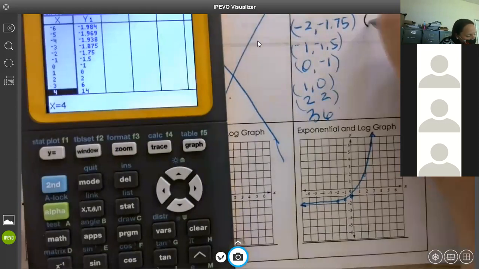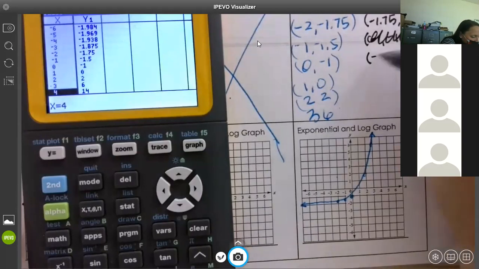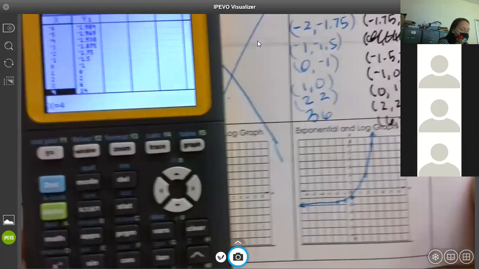Inverse your points, -1.75, -2, -1, -1.5. I'm sorry. -1.5, -1, -1, 0, 0, 1, 2, 2 is going to stay the same, and then 6, 3.